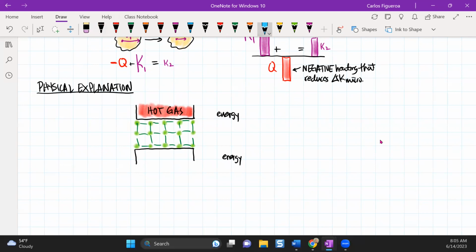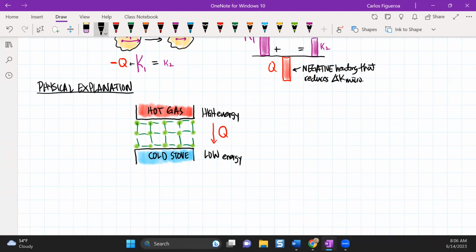And down here, let's say that this turns out to be a cold stove. Oops, not spelled right. And so clearly the hot gas is a high energy. This is a low energy. So therefore, my heat transfer has to go out.